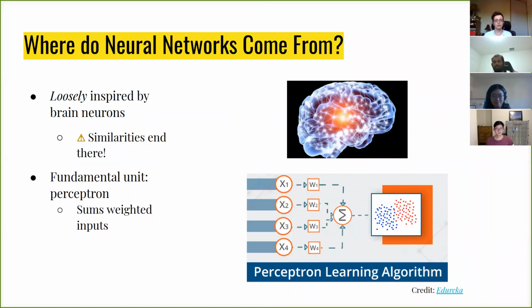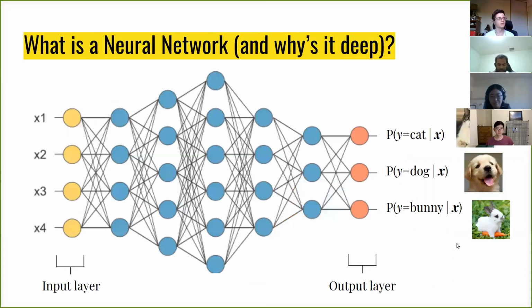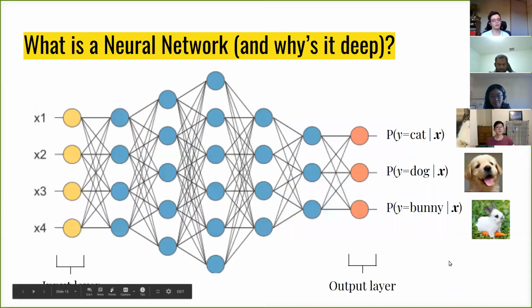All it does is take a number of inputs, multiply them by some parameters that we call weights, and sum them up to give us the output. Now, one perceptron or neuron is not that interesting and can't do a lot of things, which is why neural networks are much more interesting in that sense.